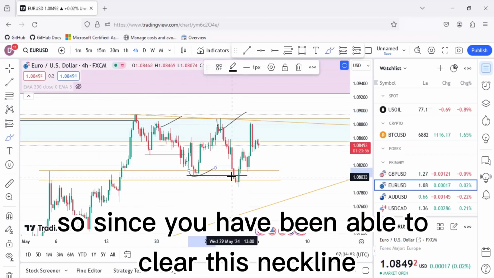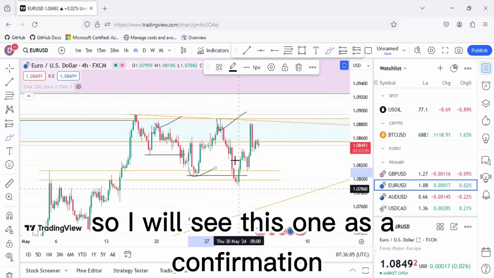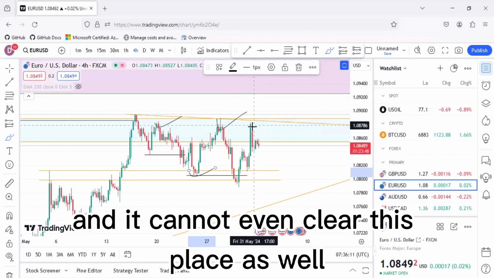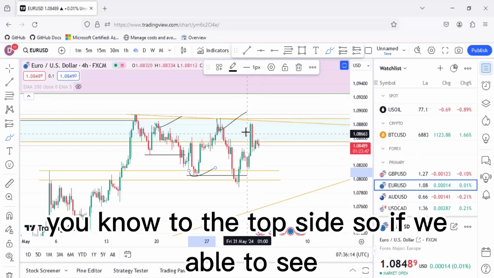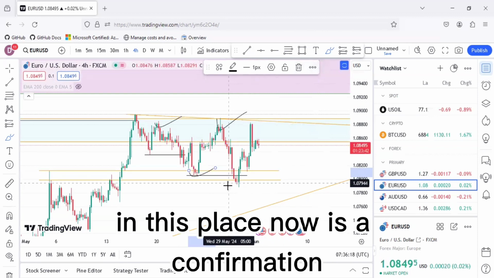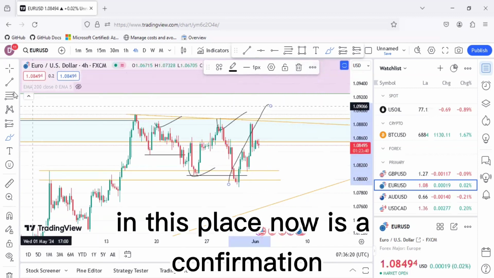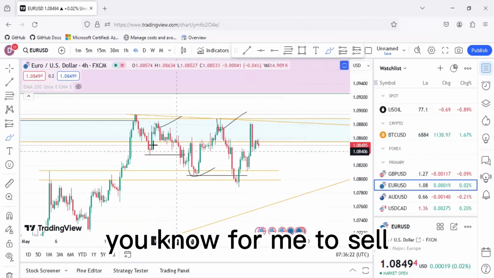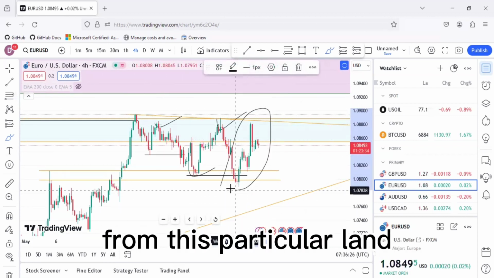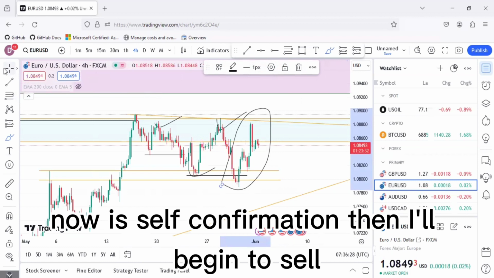Since we have been able to clear this neckline, I will see this as a confirmation for a sell, and the price is able to retest and cannot even clear this place to the top side. So what I'm looking for now in this place is a sell confirmation from this particular leg.